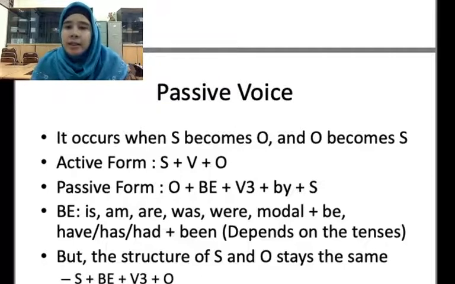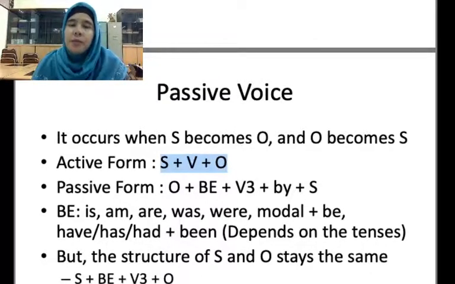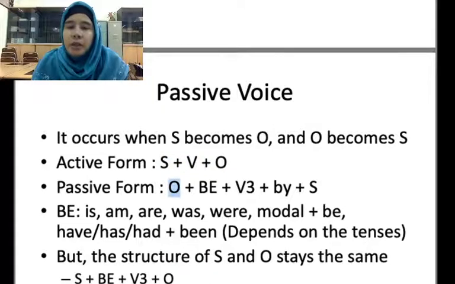Okay, this is the formula of the active voice, everyone: the subject plus verb, and then plus the object. And when it comes to passive voice, the object becomes the subject, and then the subject becomes the object, and you need to add them with the be and the verb 3.